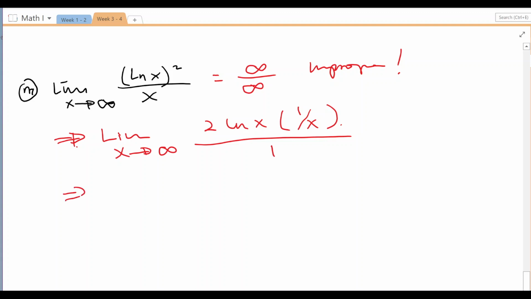In this case we have the limit of 2 ln x over x, and the 2 can come out.